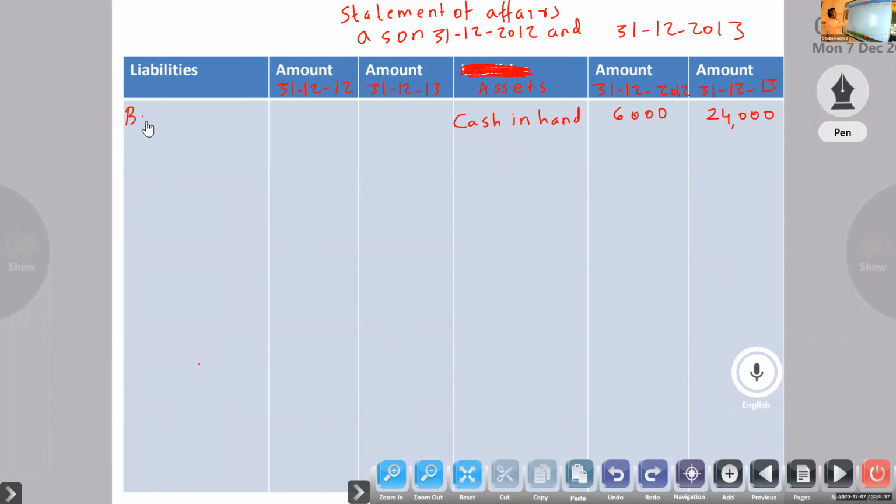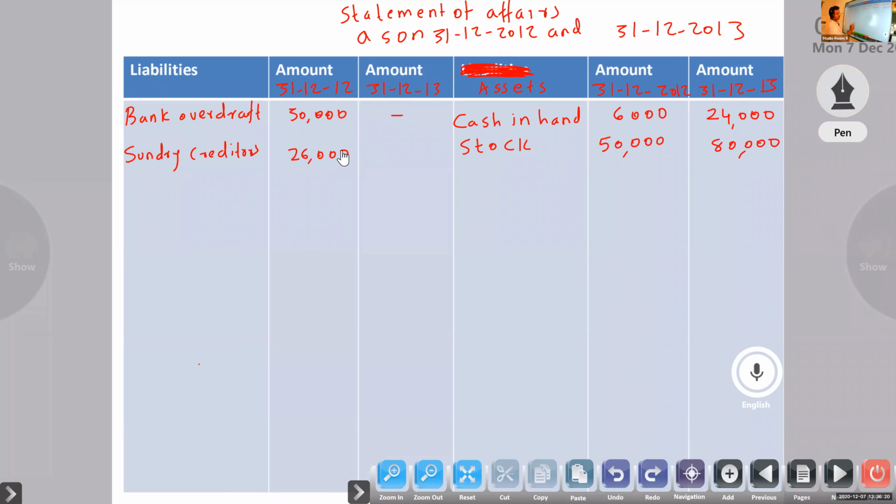Stock 50,000, 80,000. Sundry creditors, liability, sundry creditors, 26,000, 40,000. Sundry debtors, asset.